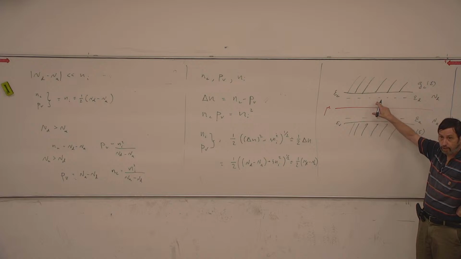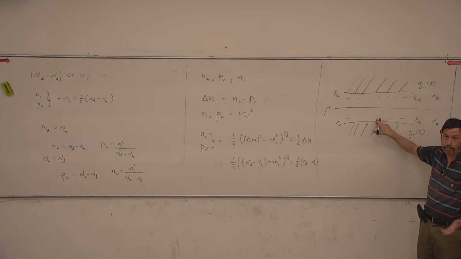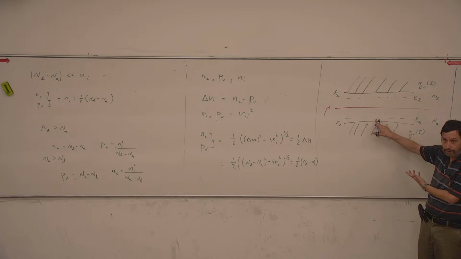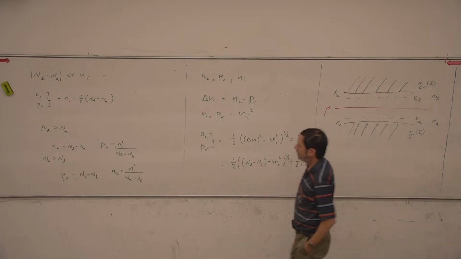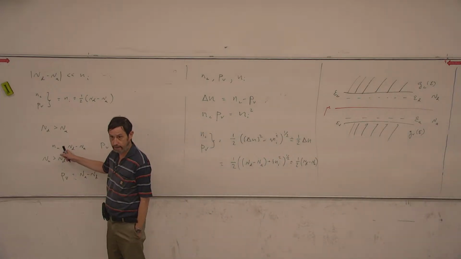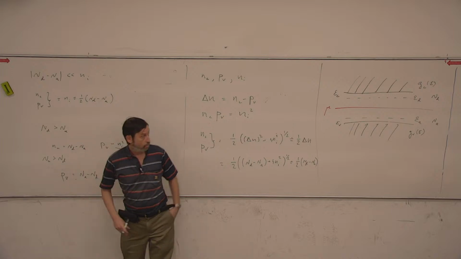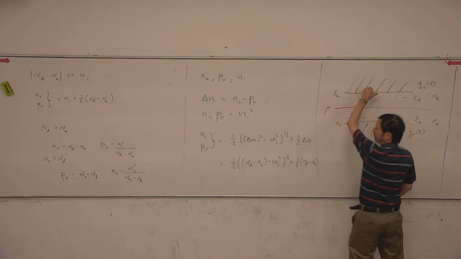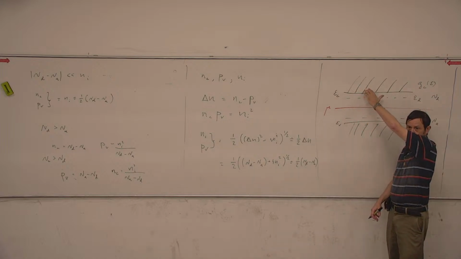Why? Because an electron that sits on the donor will head immediately to these states. They're much lower in energy. They're empty. The remaining ND minus NA will move to the conduction band.